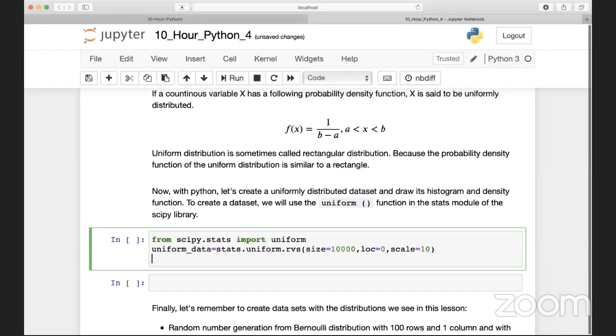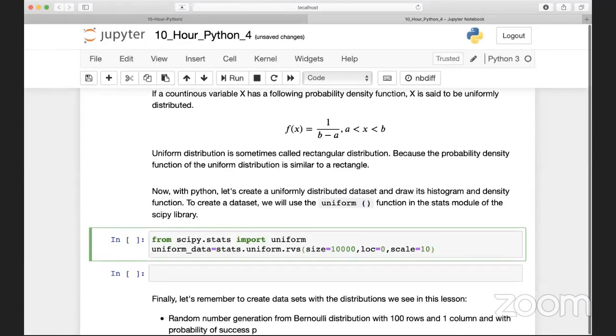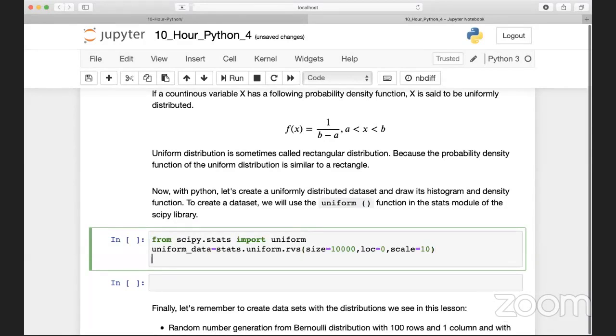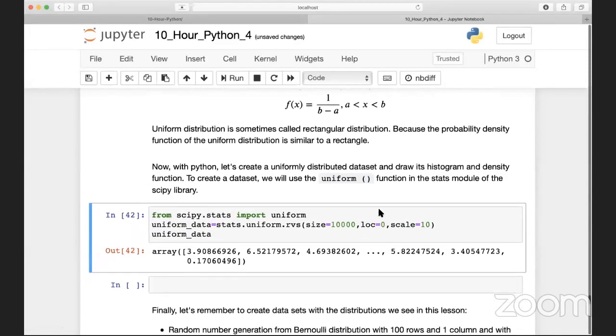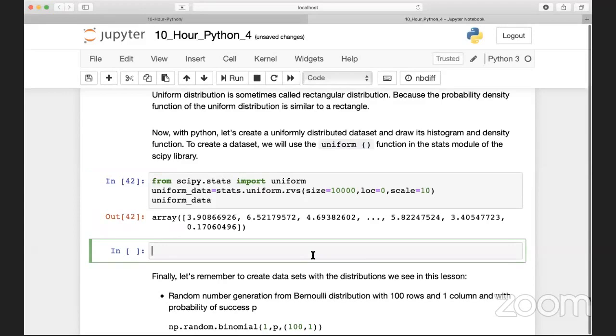All right. What else we got? Okay, we are all ready to do that. Let me show the uniform data to you first. This is what it looks like. Okay.